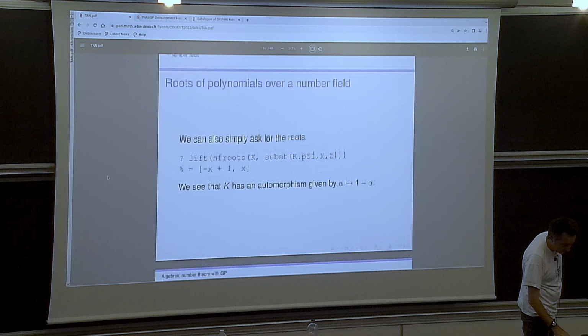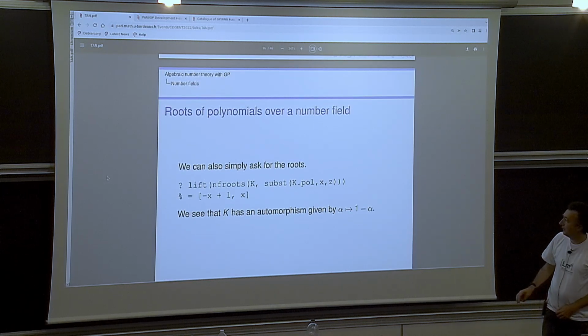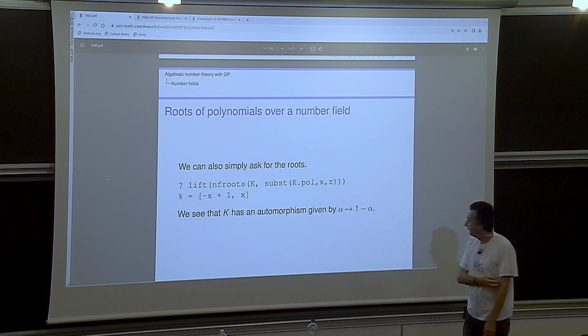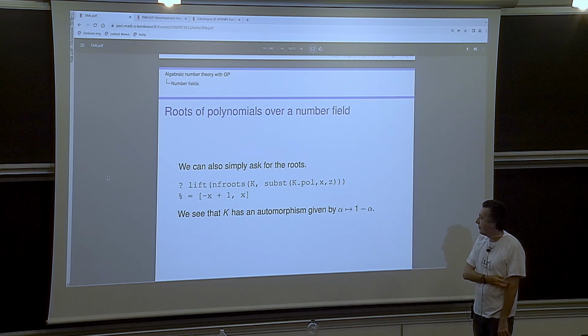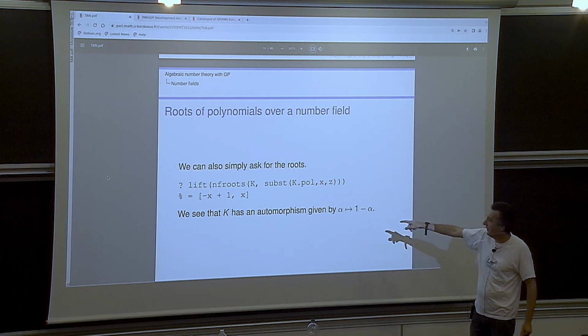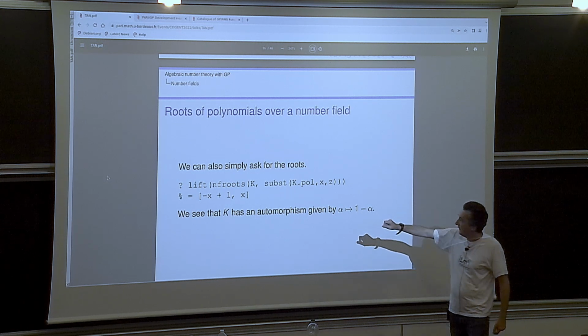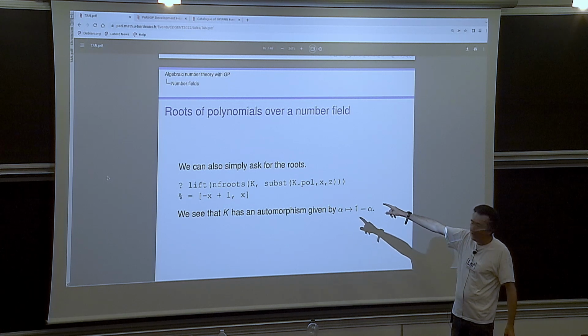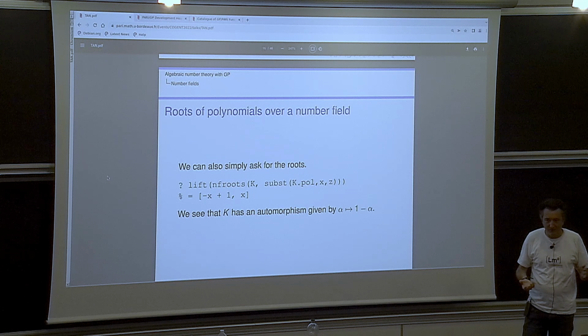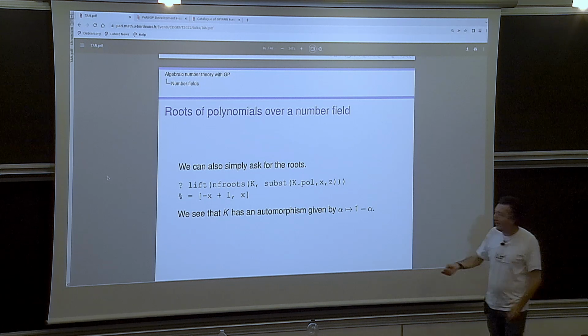So you can also have the roots of a polynomial. It's the same, but you use nfroots, so you can get the roots. And the interpretation of this computation is that when you ask for the roots of a polynomial over itself, what you get is the Galois automorphisms.